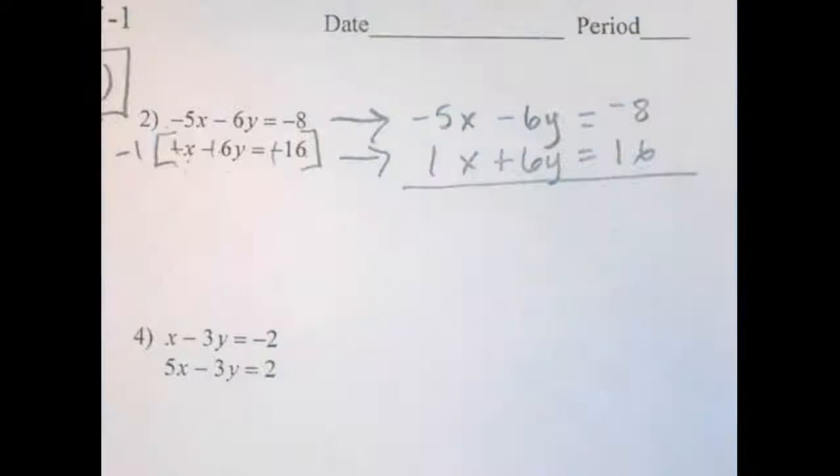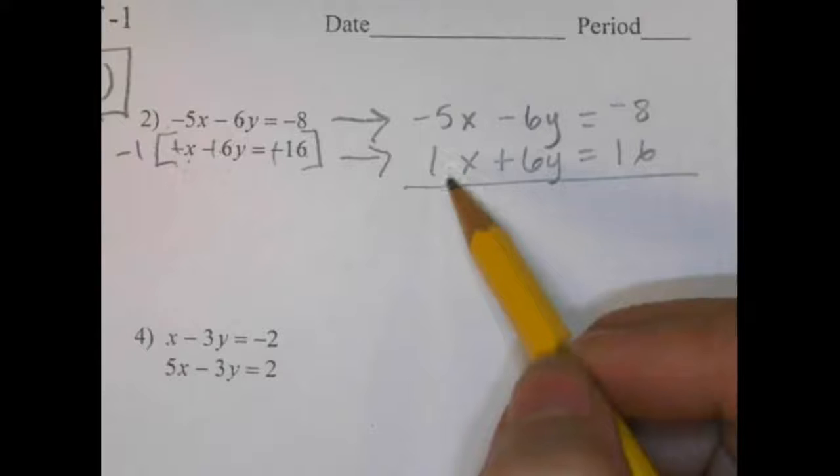Super easy, right? All I did was multiply that entire line by a negative 1, which changed the sign of every number. You have to make sure you're changing the sign of every term, not just the first one, or not just the x or the y. Everything needs to change. Be careful to pay attention to what you're changing.